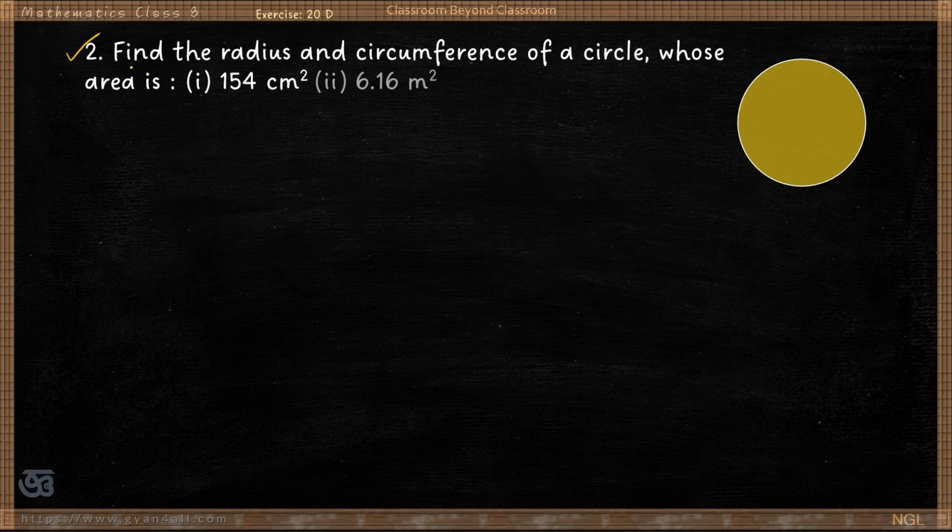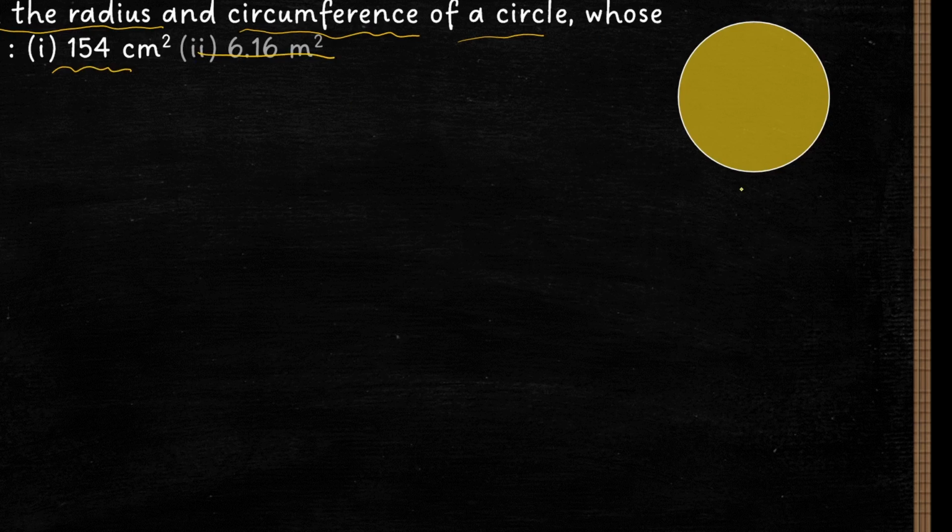Question number 2. Find the radius and circumference of a circle whose area is 154. Circle's area A is equal to 154 centimeter square. The formula for area of the circle is pi r square, where r is the radius of the circle, and that is equal to 154 centimeter square.